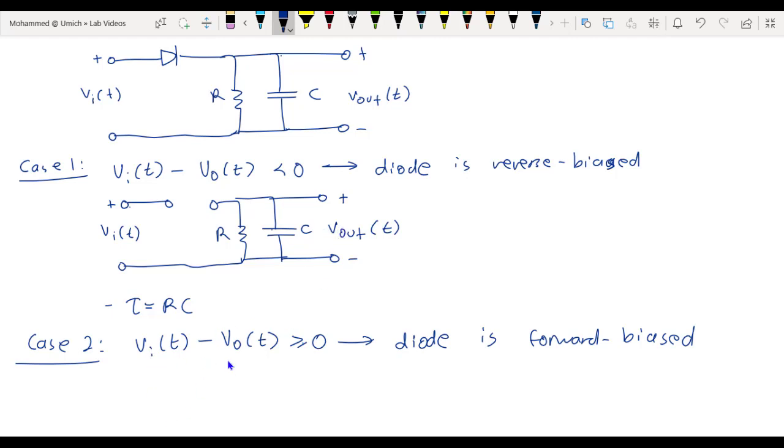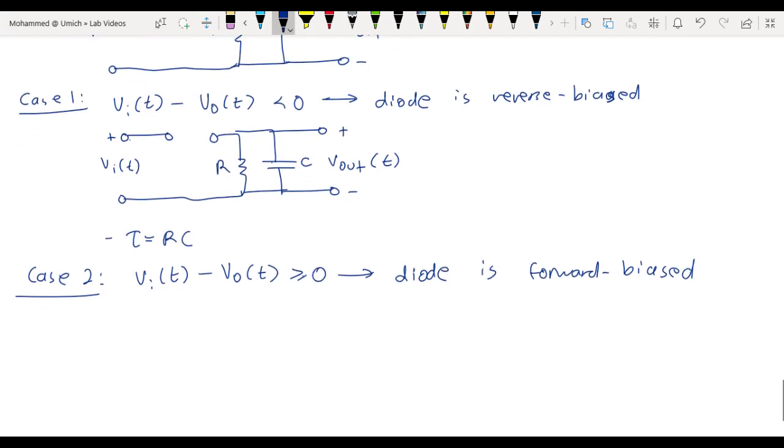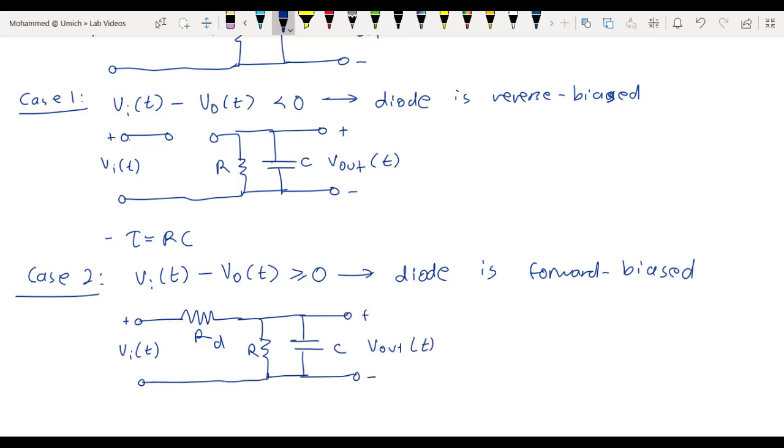Now, since V in minus V out is greater than 0, the ideal diode is simply a short circuit. And as I said earlier, I'm going to assume temporarily that the turn-on voltage of the diode is 0 volts, which means we can replace the p-n junction diode with a single linear resistor R_D. And so our envelope detector circuit becomes an input voltage V in of t followed by a resistance R_D and then another resistor in parallel with a capacitor.